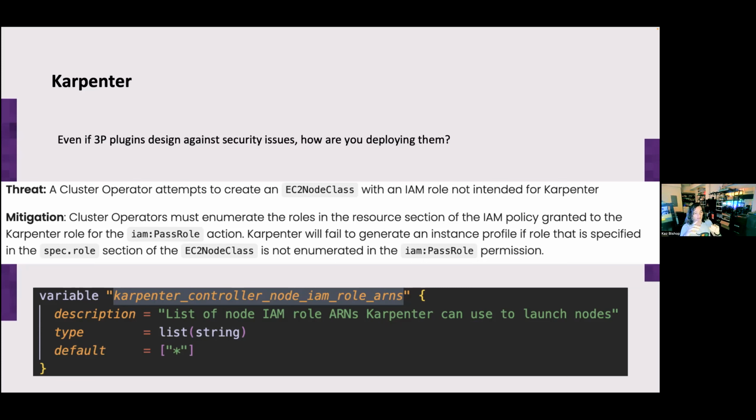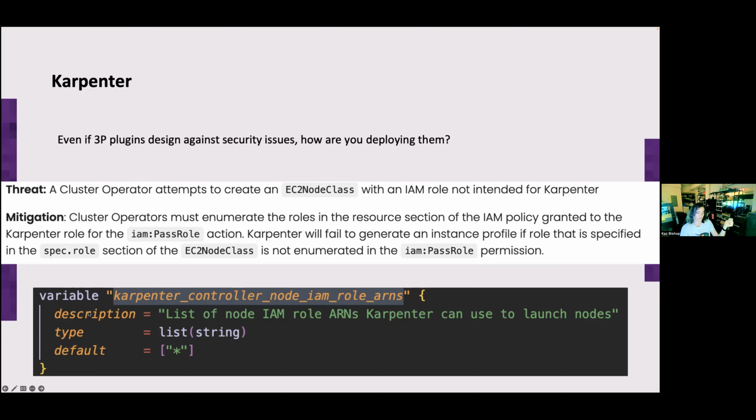And specifically, PassRole will define a list of roles that you can access, usually. And Karpenter has mitigated this. They said, okay, only by default, we're going to include the EC2 node class role, which is something you really need, right? Nobody would ever do more than that, unless you really need to. But how are people deploying this? Well, people aren't really looking at these deployment configurations. They haven't seen these poor defaults, right?